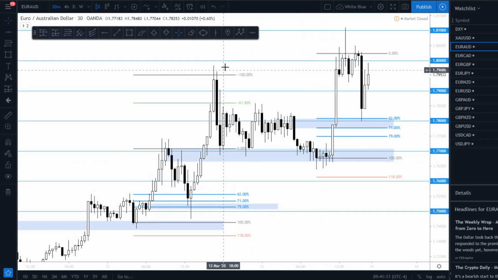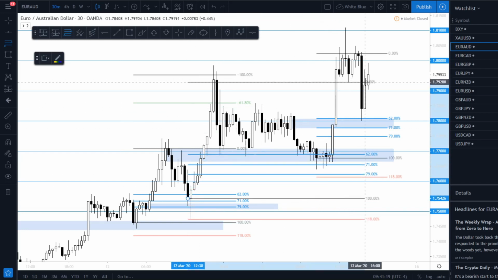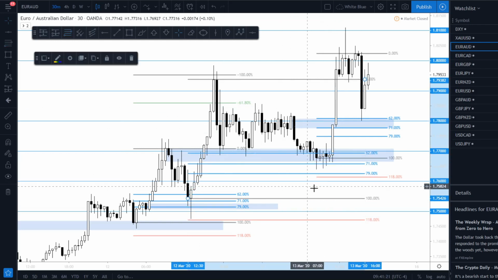Let's see if this one's a trade actually. So from this low here up to that high, yeah, so 71% hit and 62% hit. So again, you'd still be in this trade and your stop loss would hopefully be at break even by this point.